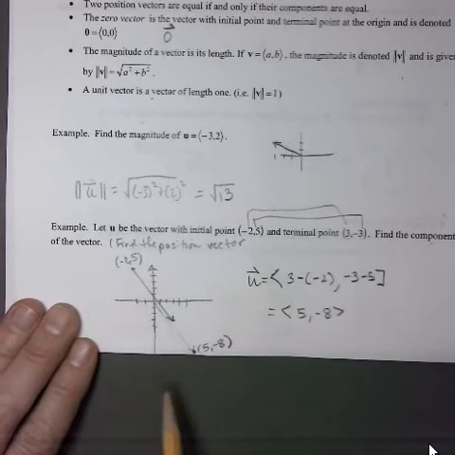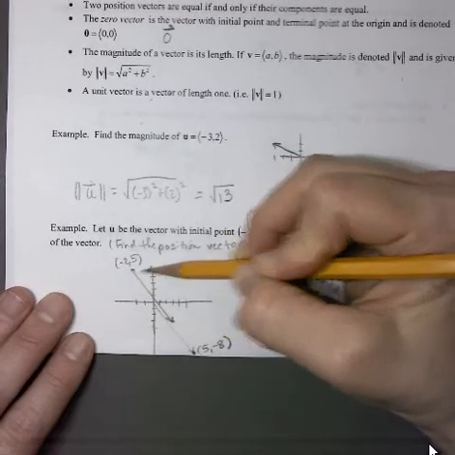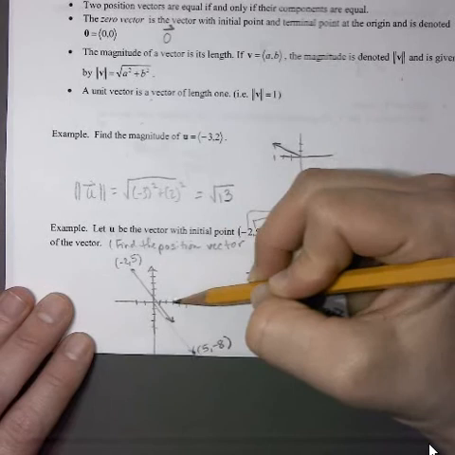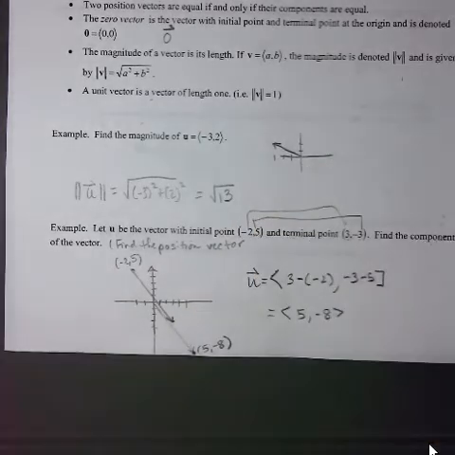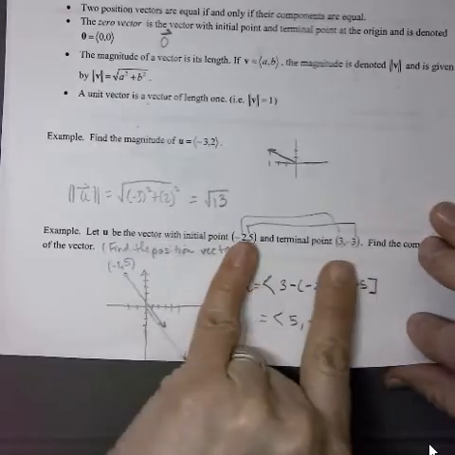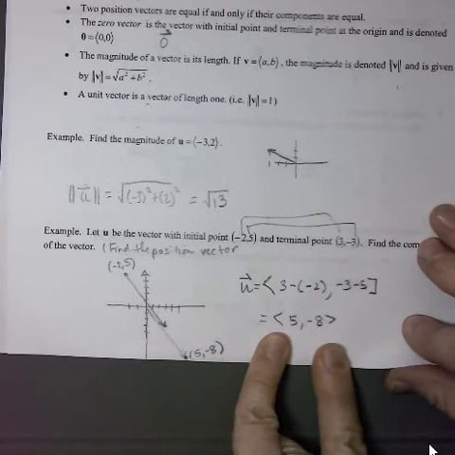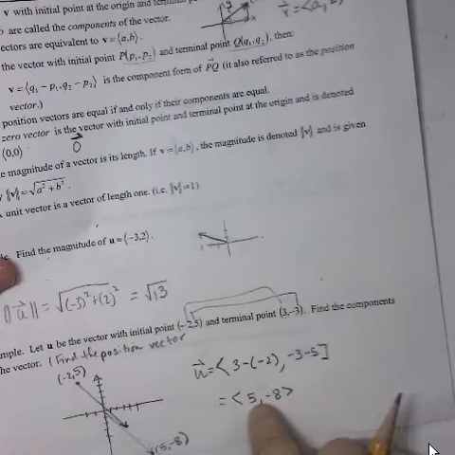You could just count how far over you go: this is 5 units over to here and then 8 units down. And then you'd get an equivalent vector. So you can describe the vector, but this is how you write it with vector notation. Whenever you use this notation, it's a position vector.